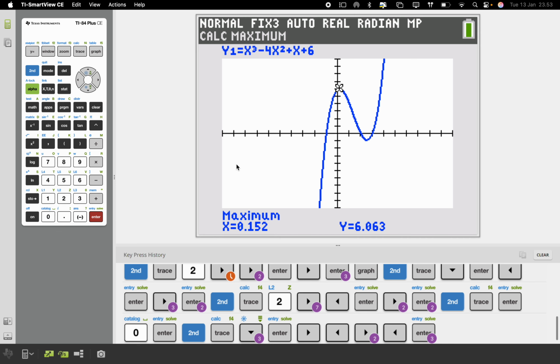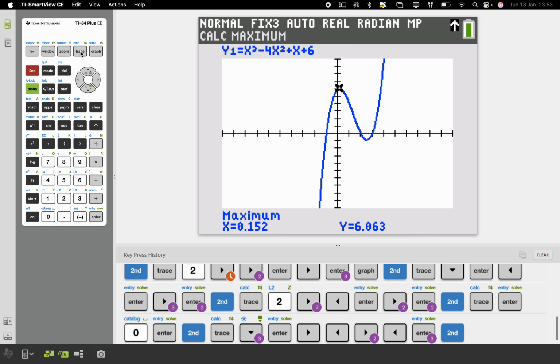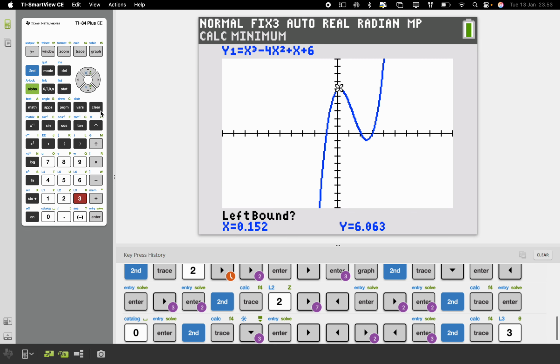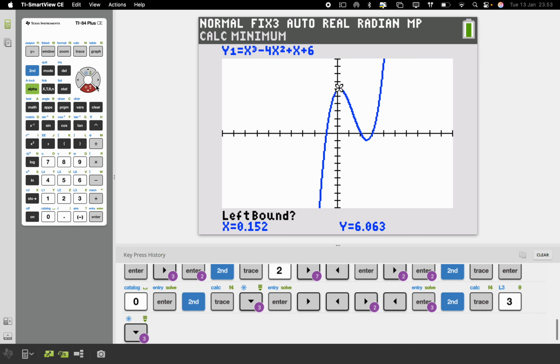Now similarly, we can find the minimum value. Repeat the process, second followed by trace, number 3 is minimum. Bring your cursor to the minimum. You can see if you move the cursor, that's the greater value, and negative 0.836, negative 0.873 is the minimum value.